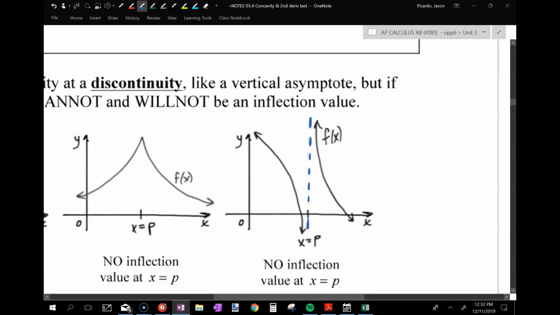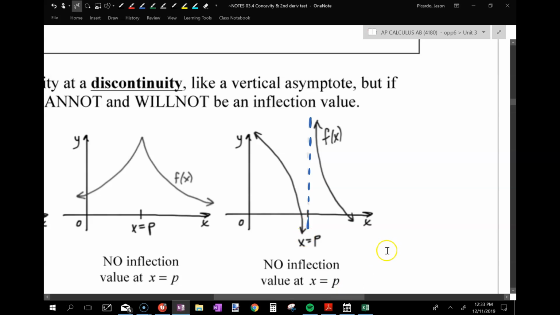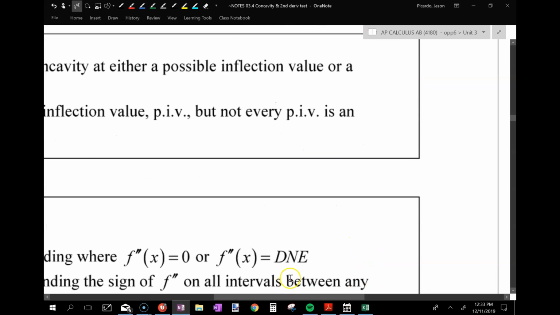But hang on a minute. The asymptote's a line. It's not a point. And furthermore, what does an asymptote imply? That the function didn't exist. And can inflection points occur where functions don't exist? No. So there is no inflection value here. Cool? Guys, I'm knocking it out of the park, right? Yeah, I told you.